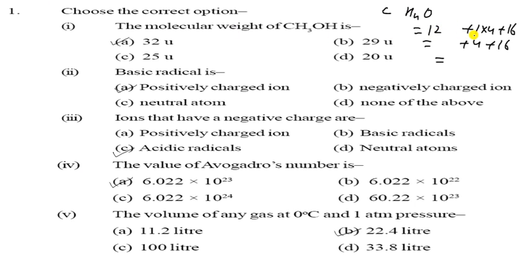So carbon 12 plus 1 into 4 plus 16. So 12 plus 4 and 16 becomes 32. So the first option is correct.